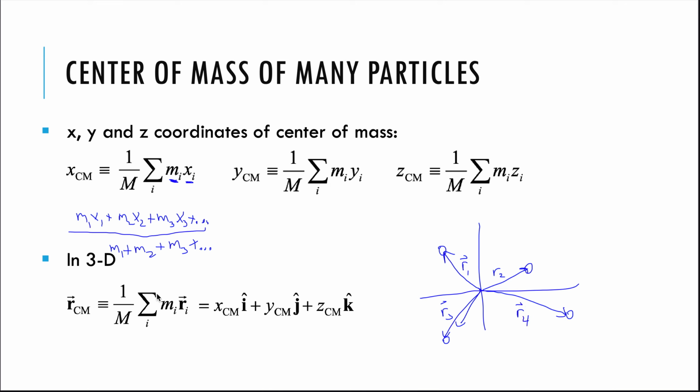Another way to think about it is you could do the x, y, and z components separately, and then just say the x coordinate of the center of mass is in the i direction, the y coordinate is in the j direction, and the z coordinate is in the k direction. So we'll definitely do some examples of finding the center of mass of a system that has 2 or more particles.